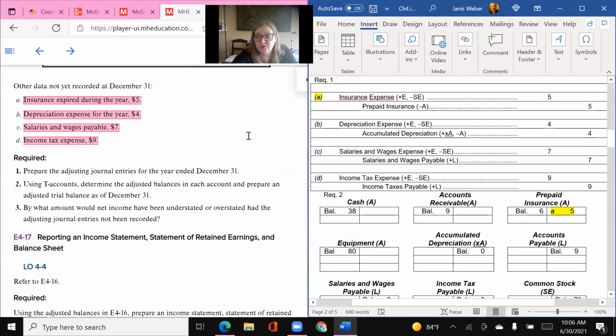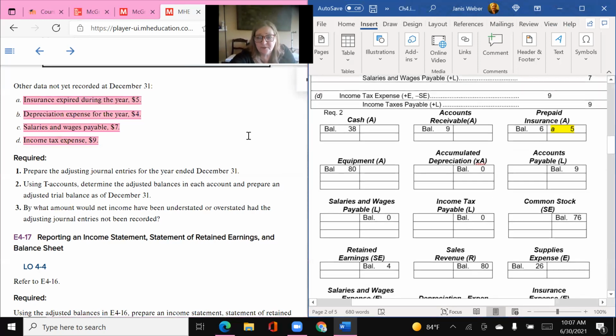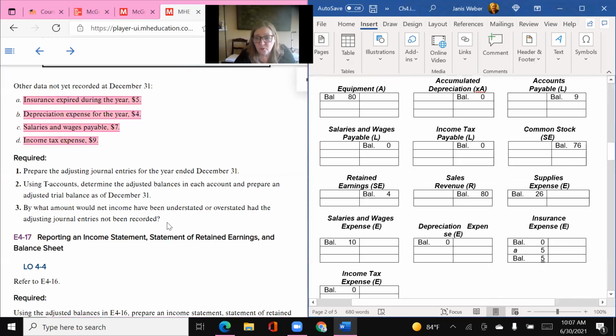So we're going to take these entries and make sure they're posted. A, we've already posted with a credit to prepaid insurance and a debit to insurance expense. The depreciation entry, B, we're going to debit depreciation expense. We're going to credit accumulated depreciation.